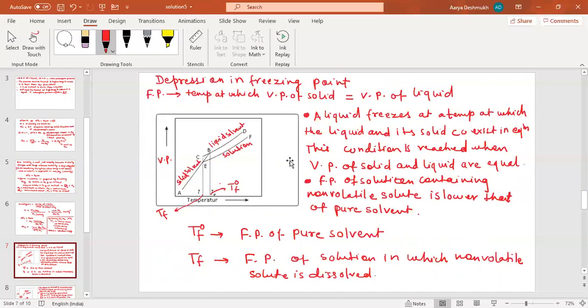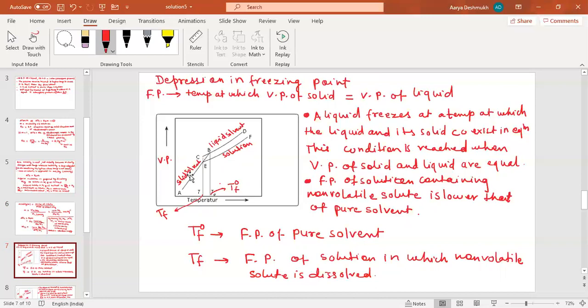Now if you look at this graph, this AB curve is for the solid solvent. This CD curve is for the liquid solvent. And this EF curve is for the solution. Remember. This is the solvent in pure form in liquid state.